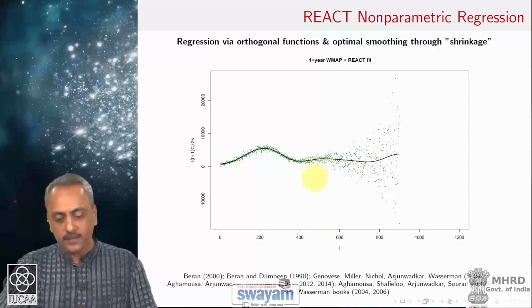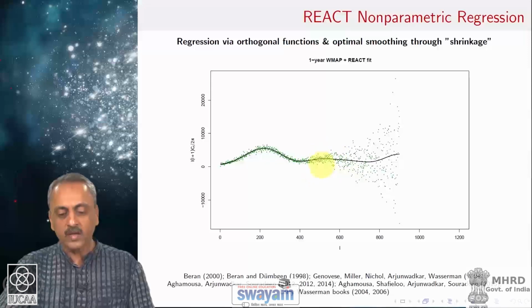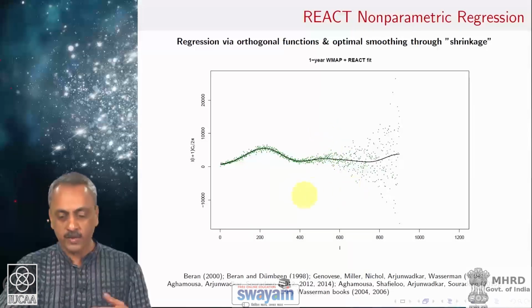So, the essential point is any statistical method that tries to address this kind of question has to give a prescription for finding uncertainties, on how uncertain this peak is in terms of its vertical variation as well as the horizontal variation.